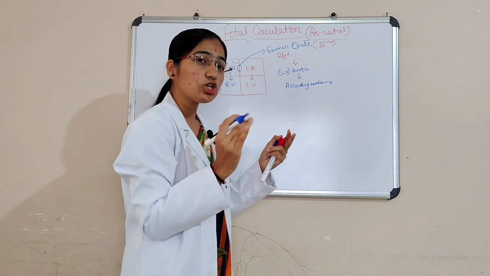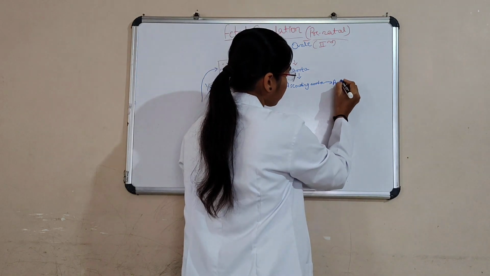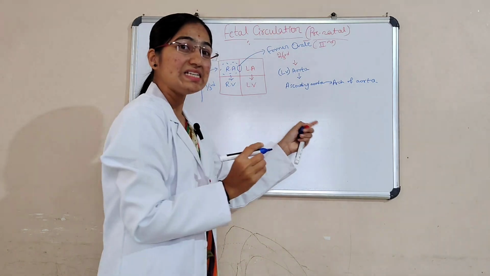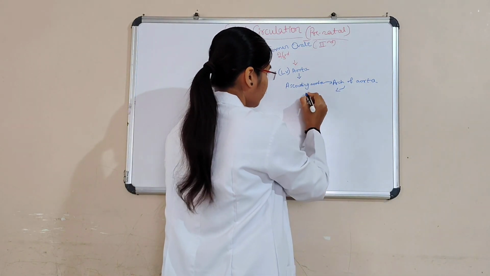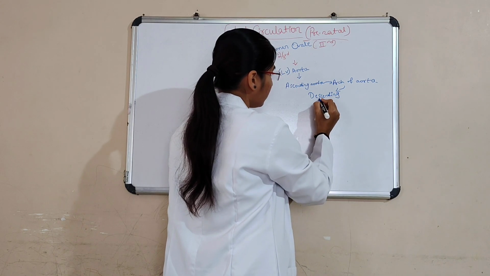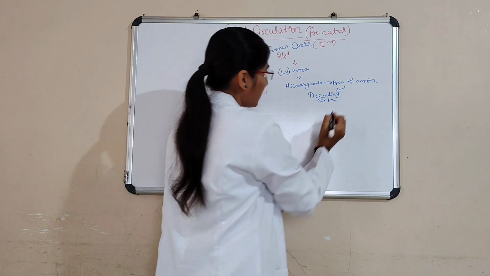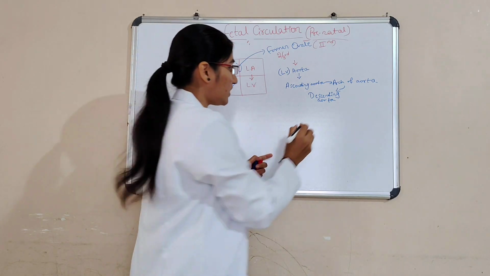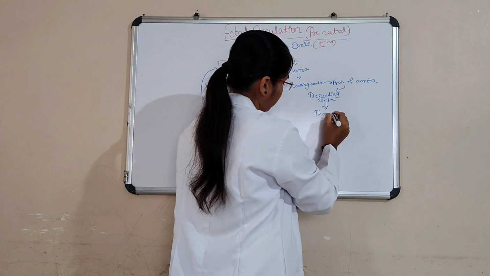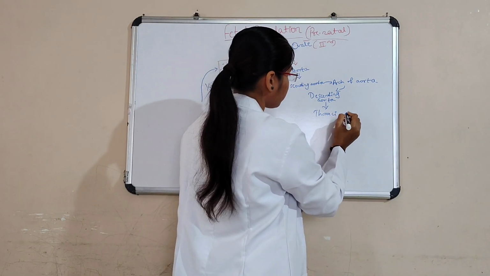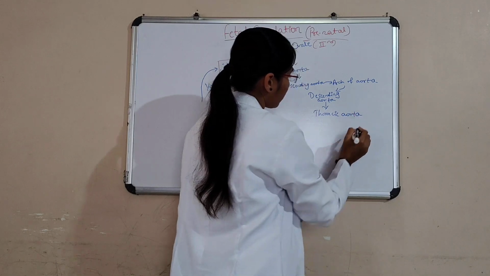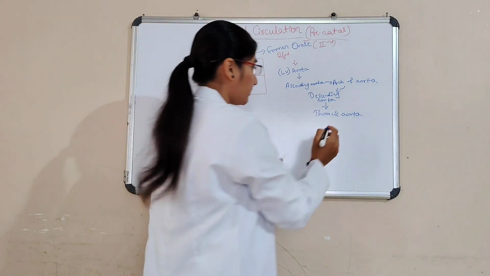After that the arch of aorta, after that the descending aorta, after that the thoracic aorta, after that the abdominal aorta.